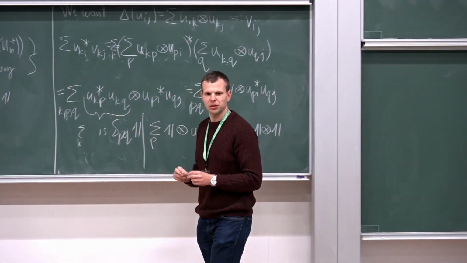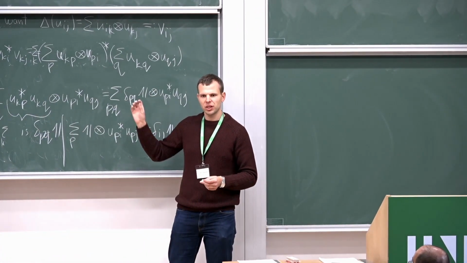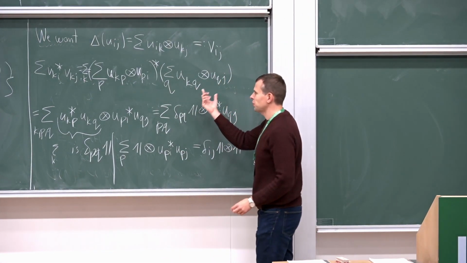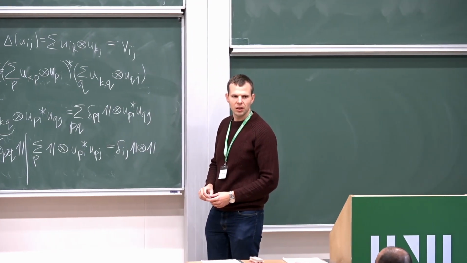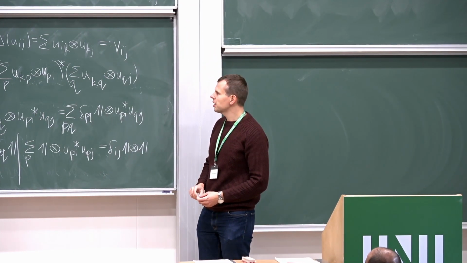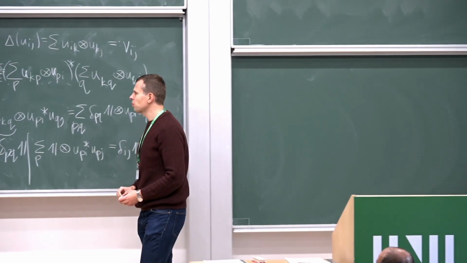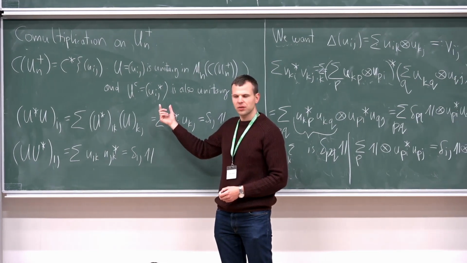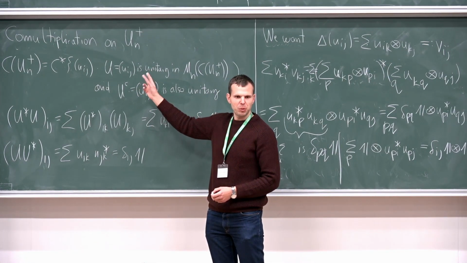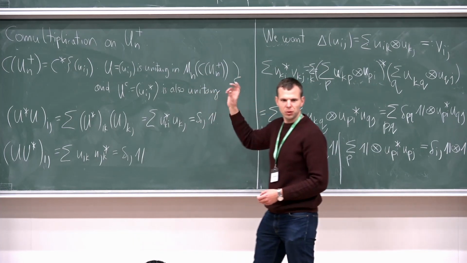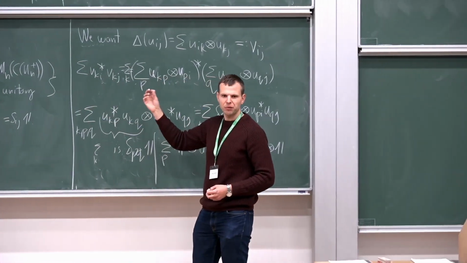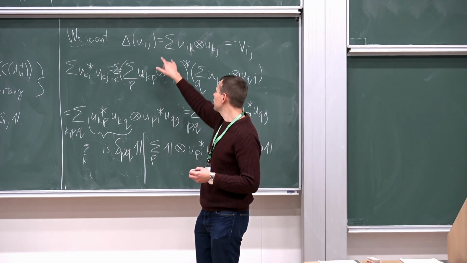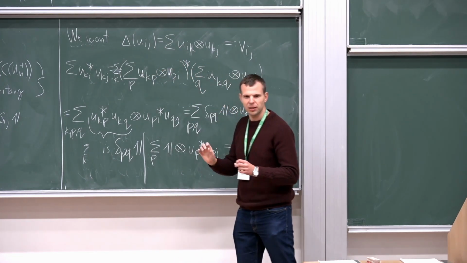This covers the example of U_N^+. S_N^+ had the extra condition that the entries are projections, which is also easy to check because you multiply on separate legs and it works.